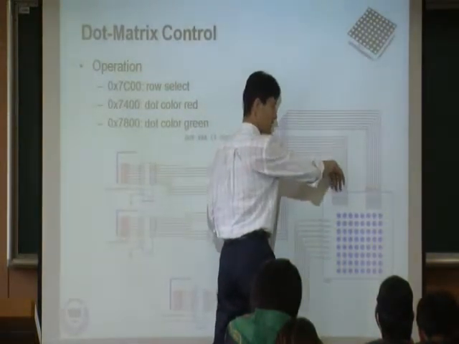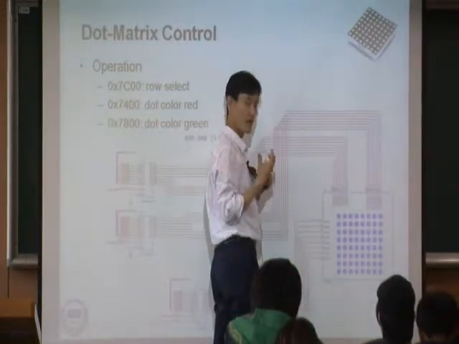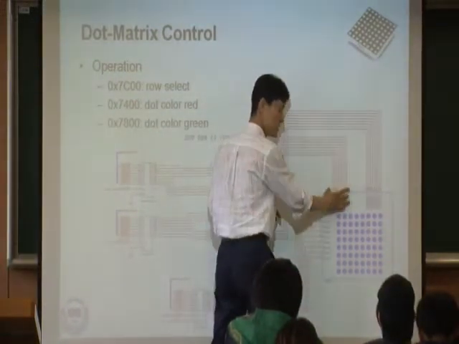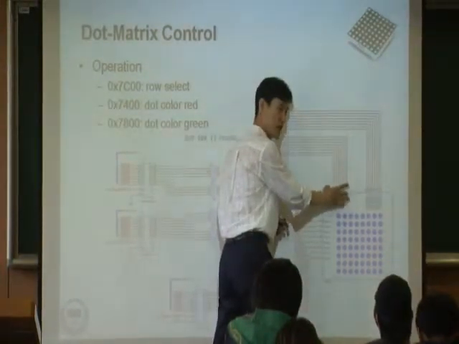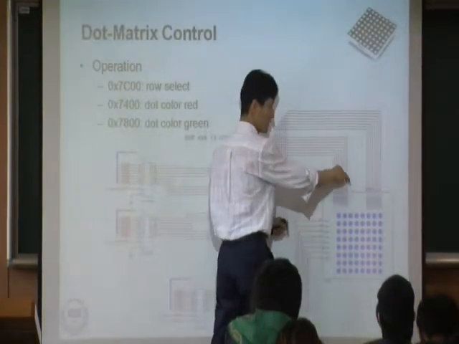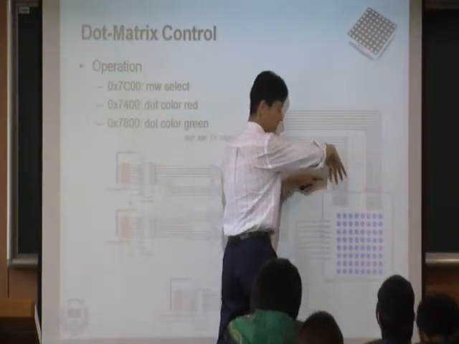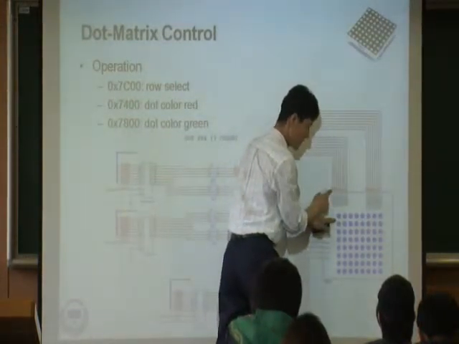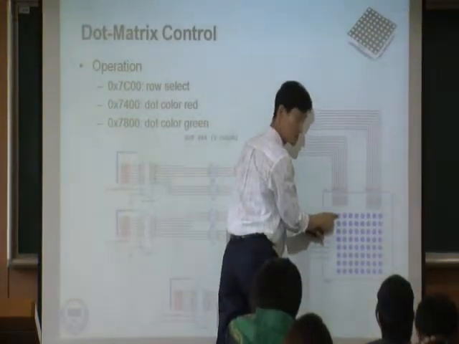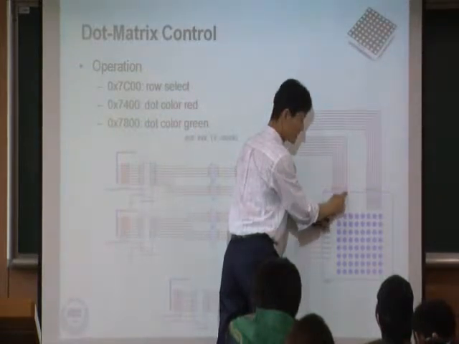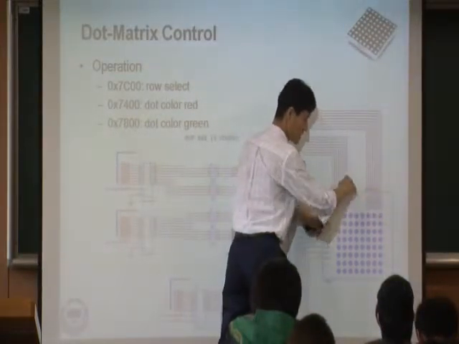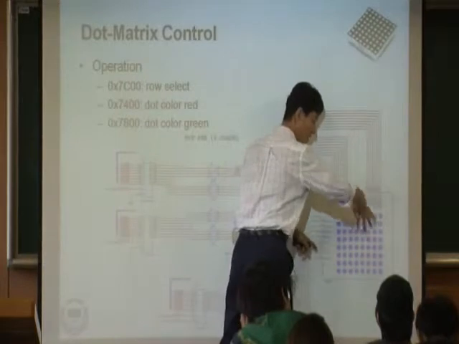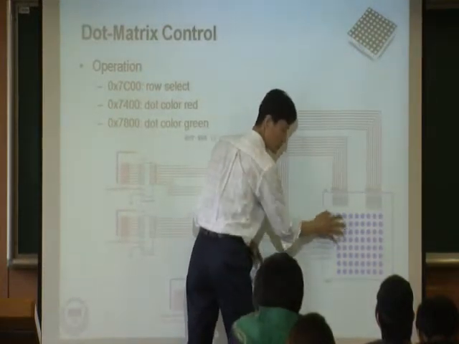And using this 8 pin, since I want a red color, I use this 8 pin because this 8 pin is for red. These 8 pins correspond to these 8 LEDs. So the first bit corresponds to the first LED, and the last bit corresponds to the last one. So this one is basically selecting the column, this one is selecting the row.